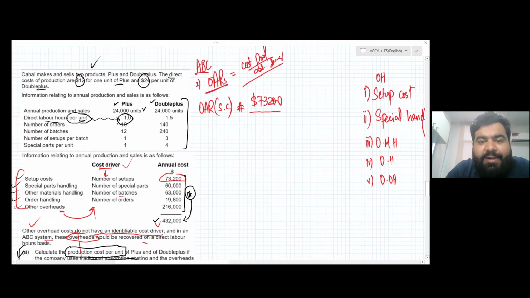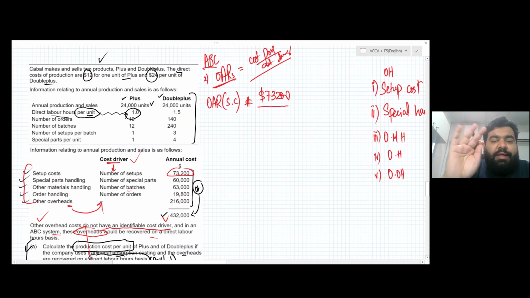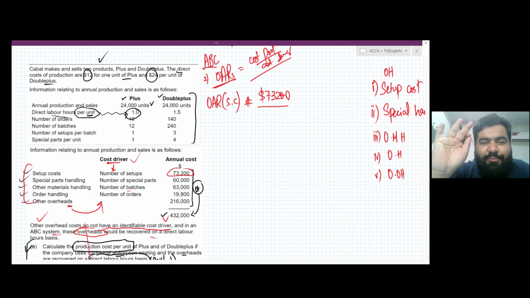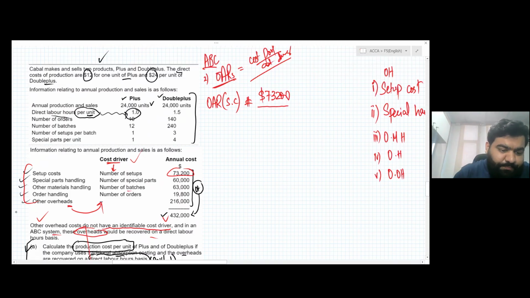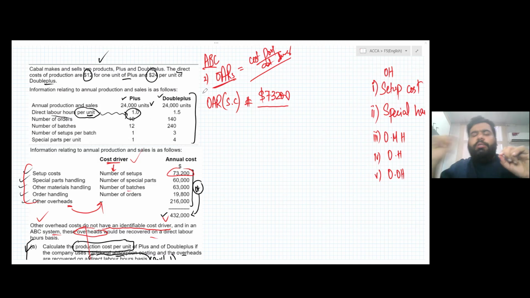But here, the main issue is a technical point. We have not studied this technical point earlier in any question. Listen to what mistakes students make here. It's written number of setups 1 and 3. What do students do? 1 plus 3 is 4, 73,200 divided by 4.